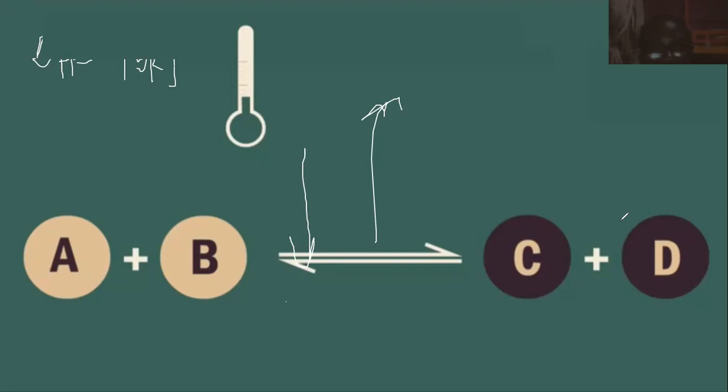Equilibrium will shift to the left, favoring more formation of reactants. Why? Because an increase in temperature already makes more products to be formed. So in order to counteract that stress, equilibrium will shift to the left to favor more reactants.